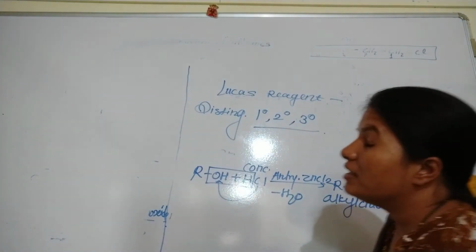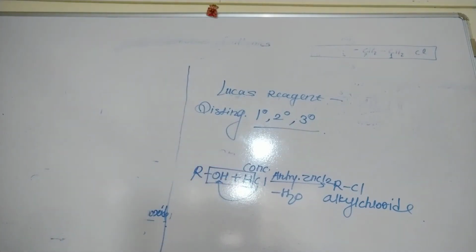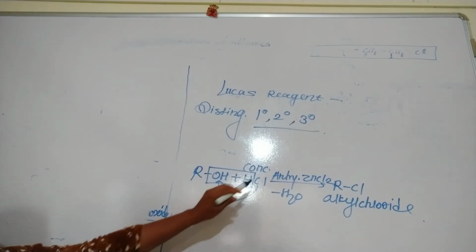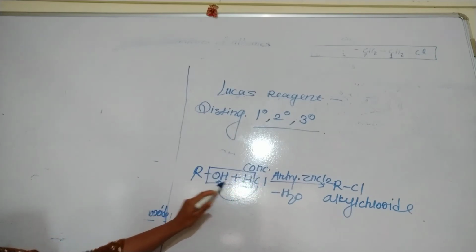But what is the distinguishing test for primary, secondary and tertiary alcohol? You know what happens in this case: alcohols are soluble in Lucas reagent.